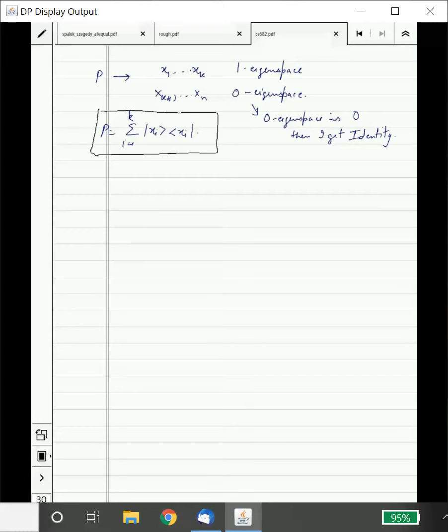What is its action? Say S is the space spanned by xi, i equal to 1 to k. That is one eigenspace.